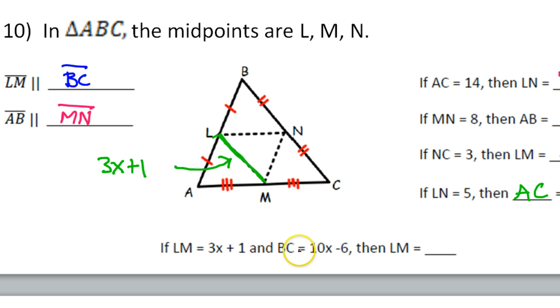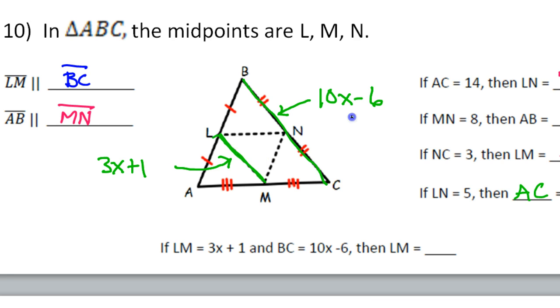Okay, and then we've got BC, and this is BC over here. And we're being told that this is 10x minus 6.